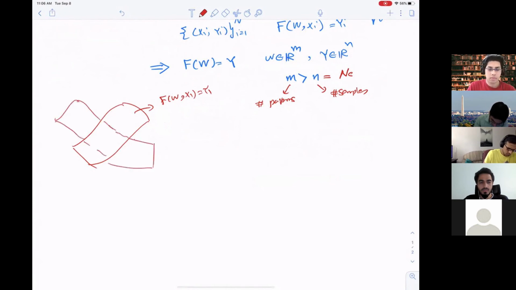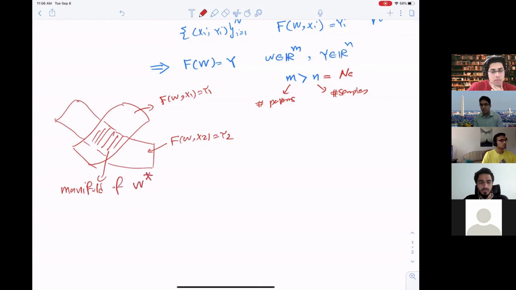When you apply your model to x2, you will get y2, and the intersection would be the manifold of my optimal w's, w stars. And in fact, they are not isolated, and that's one of the differences between over-parameterized and under-parameterized regime.